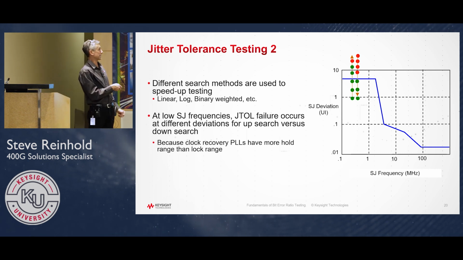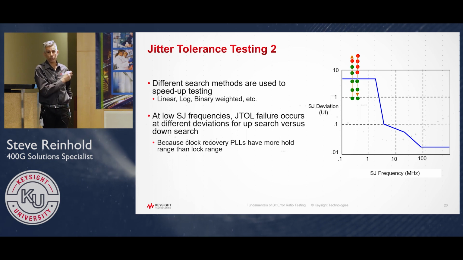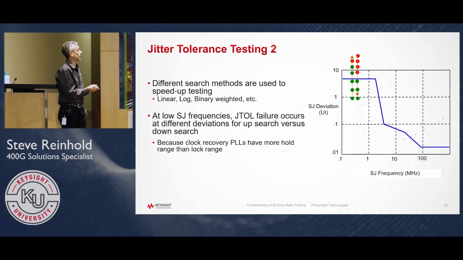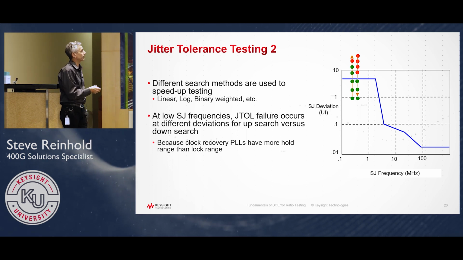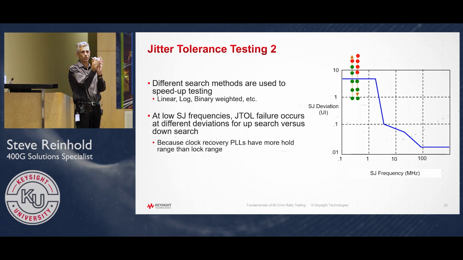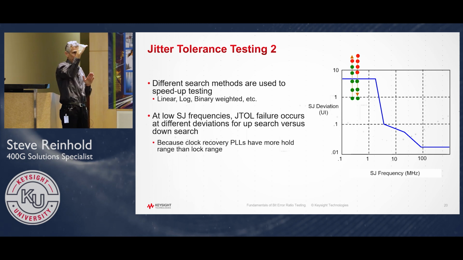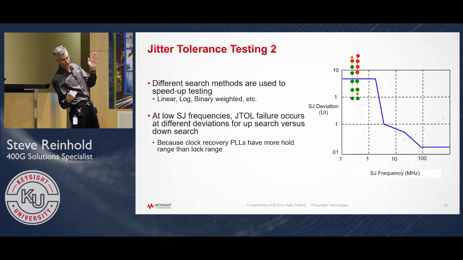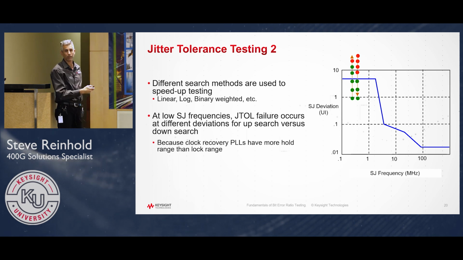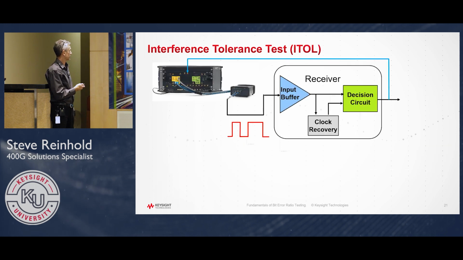The point of this, though, is that doing a top-down versus a bottoms-up search can give you different results, particularly with clock recovery, because clock recovery PLLs, if they start from a locked condition, can withstand more jitter than if they start from an unlocked condition. So if you start unlocked, it might take a longer time to lock, and you'll get a result down here, where if you start locked and sneak up on the BER limit, you can get better performance.